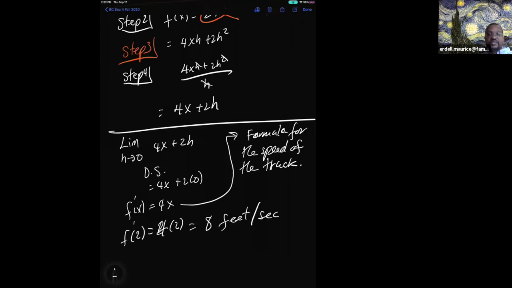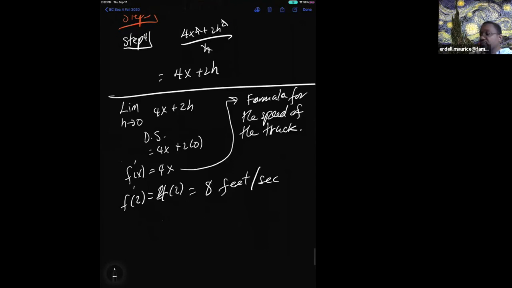If I want to know what the speed is at, say, 10 seconds into the game, f prime of 10, that's going to be 4 times 10, 40 feet per second. And so on, and so on.